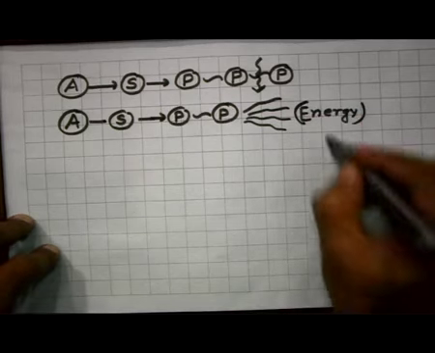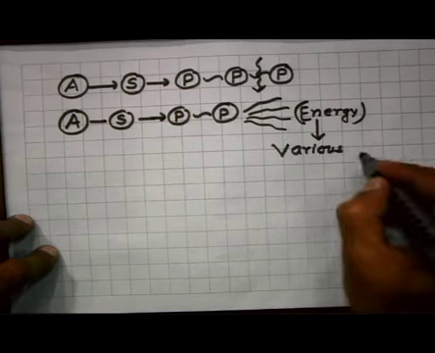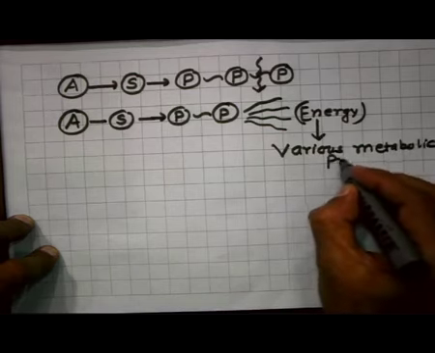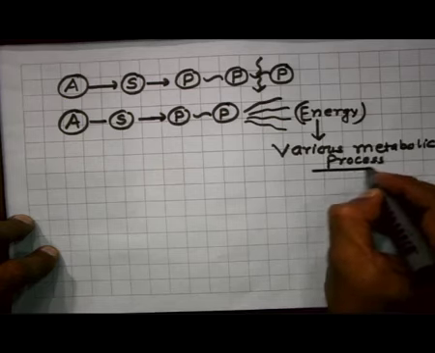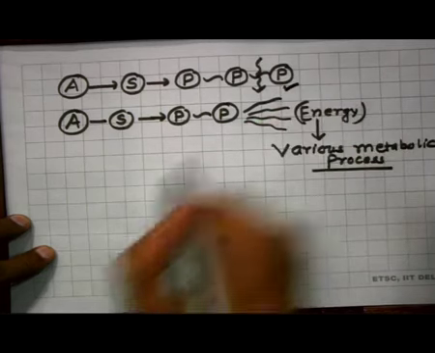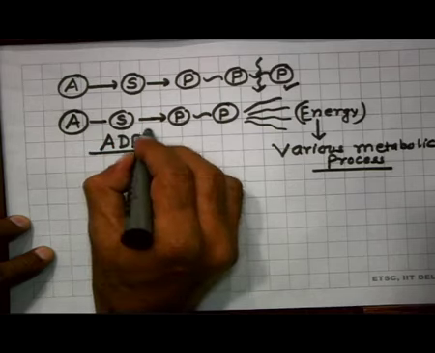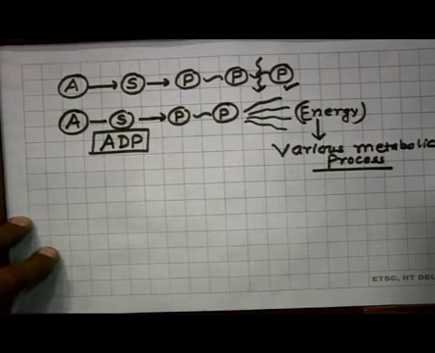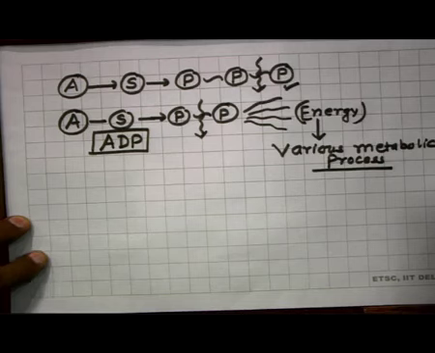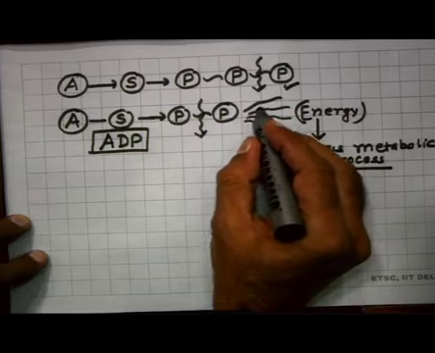This energy is used in various metabolic processes. After the liberation of the last phosphate group, it forms ADP, adenosine diphosphate. If the second phosphate molecule is removed, it also releases energy, but less in comparison to the first.